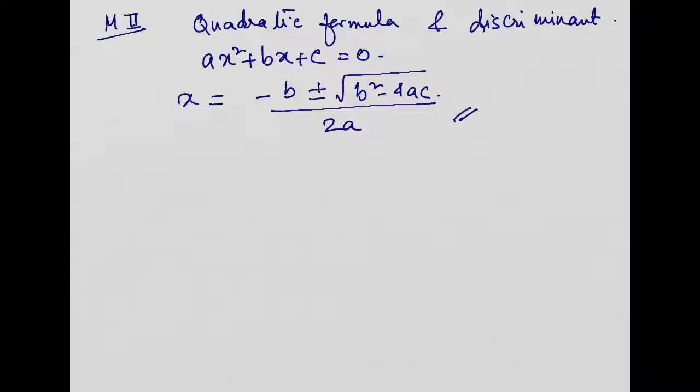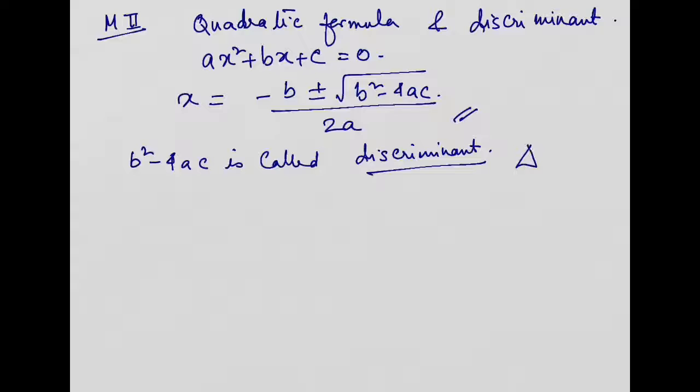Now this b squared minus 4ac is called the discriminant. The symbol for the discriminant is delta. We can see the solution of x is highly dependent on this expression, b squared minus 4ac.